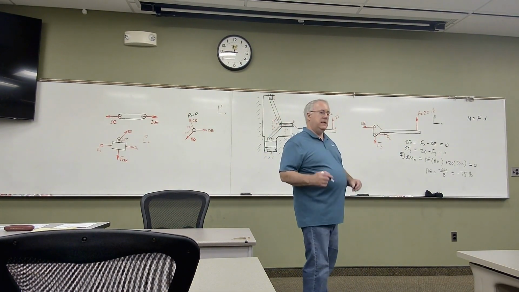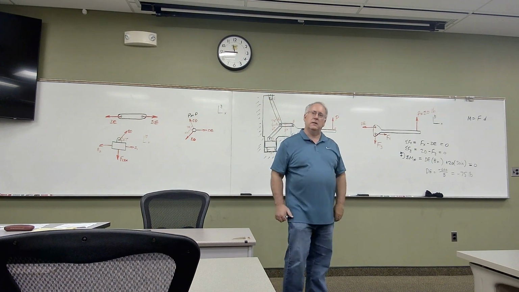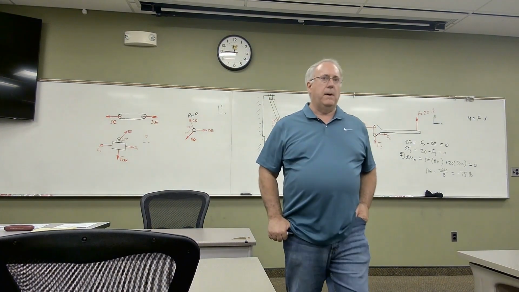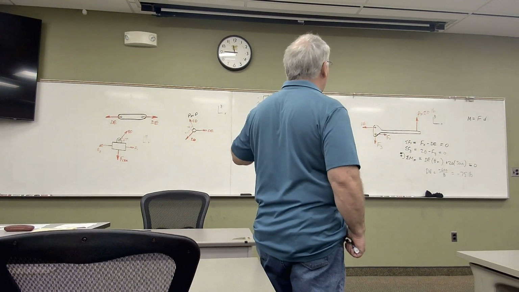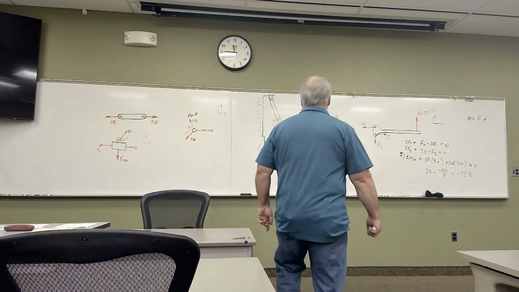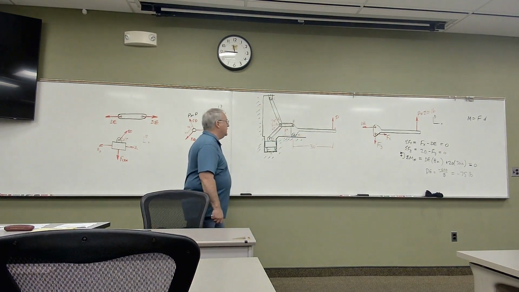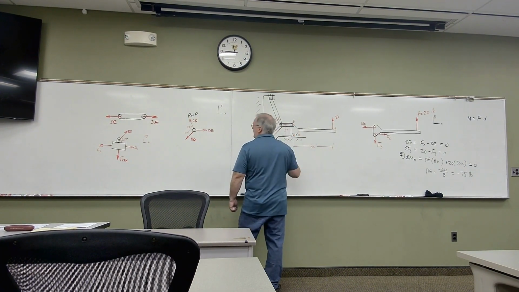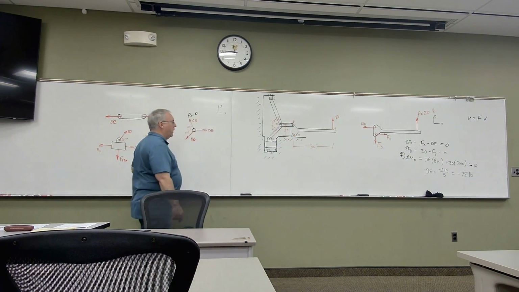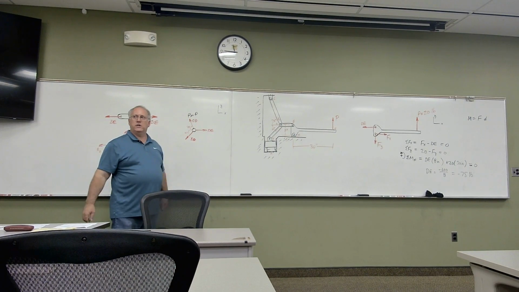But more importantly is this, and isn't this funny? When we set ourselves up to do the forces over here, we went through a mental exercise that said, well, gee, if DE is pushing this way, then this should be going back this way, and we should have our directionality right.